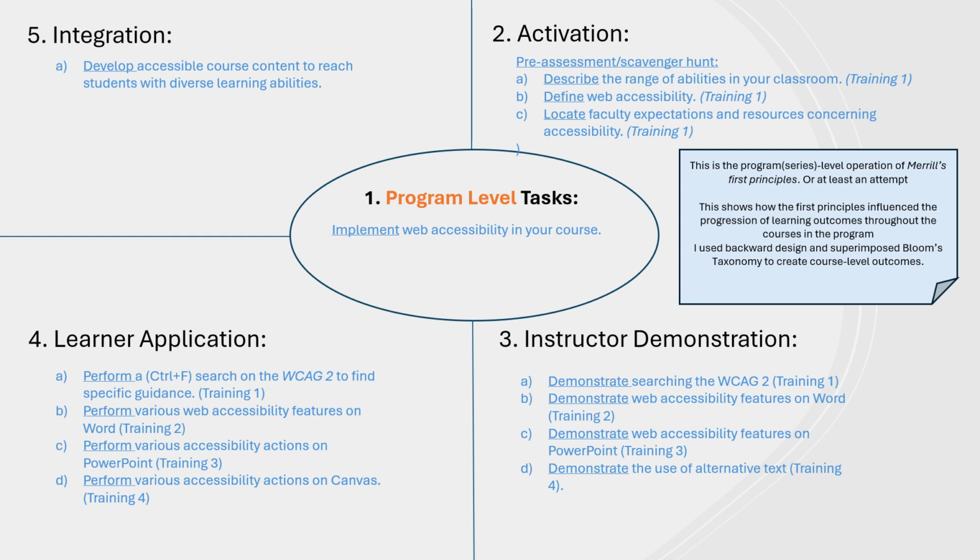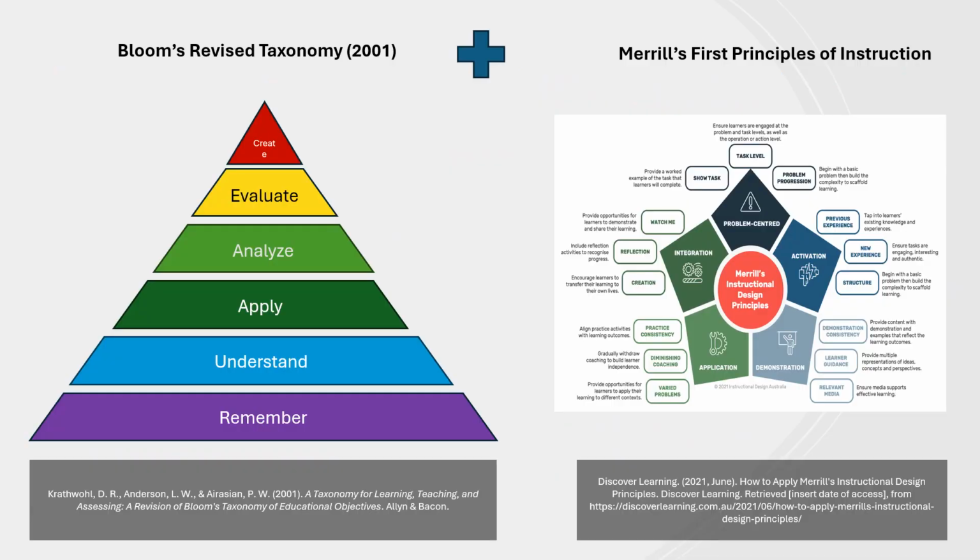We're demonstrating 4 different groups of features throughout the series of trainings. The learner is going to gain practice, and as a result of that, they'll be able to integrate it into their classrooms and develop accessible course content to reach different learning abilities.